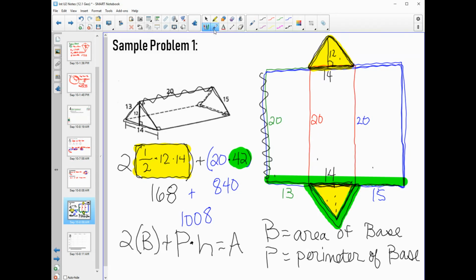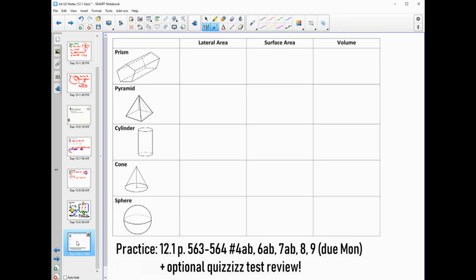So on this page, we can organize all of our formulas here. So we have prisms. Let's talk about our surface area. That's what we did last. So we found 2 times capital B, the base area. If you want to jot that down somewhere else on this page, it might be helpful because we're going to use that again. Plus capital P, the perimeter of base, times the height.